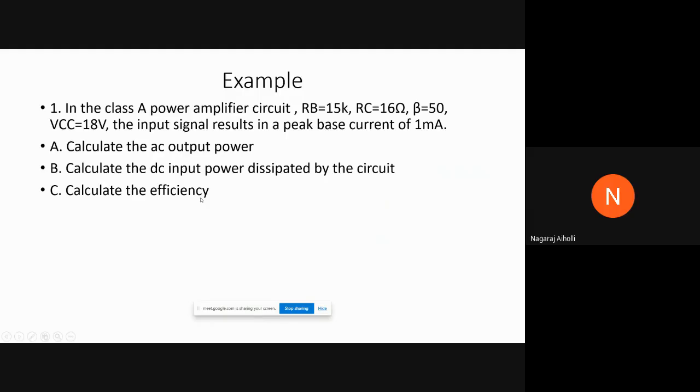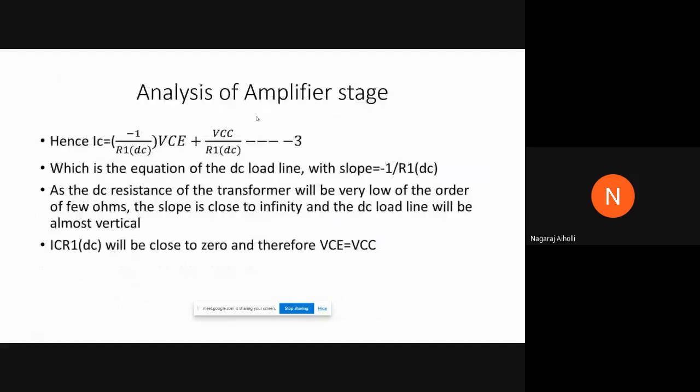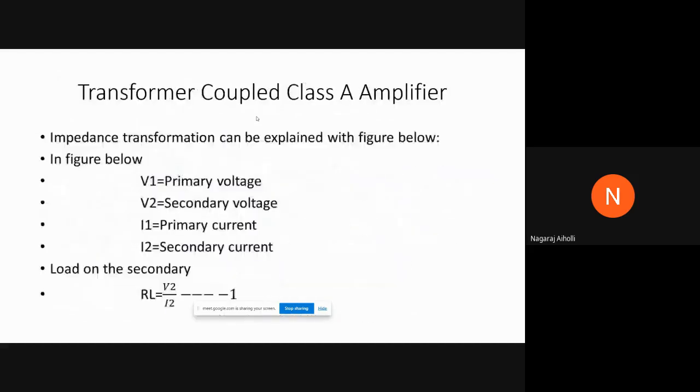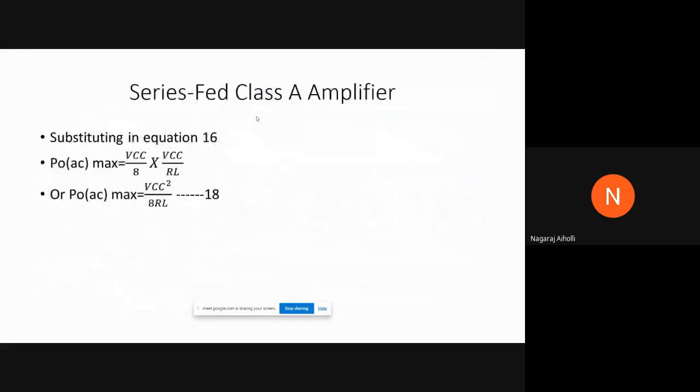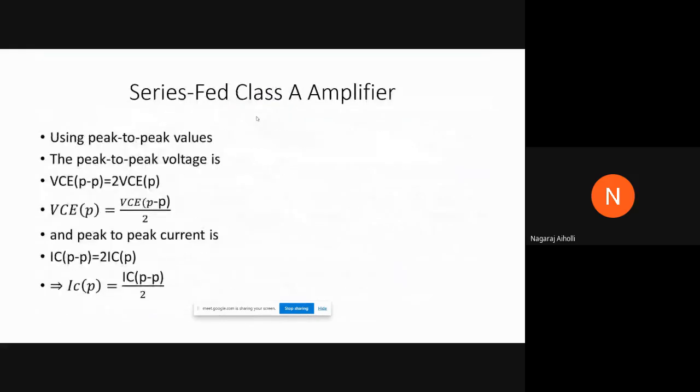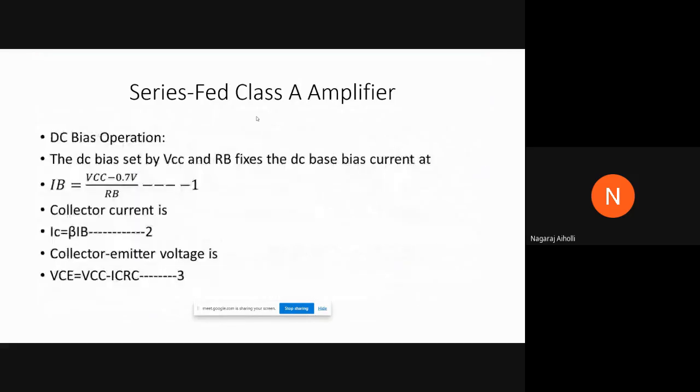We know the class A series fed power amplifier circuit. Here we have the base resistance RB, then the collector resistance RC, and the emitter terminal is grounded. This is the series fed class A amplifier.